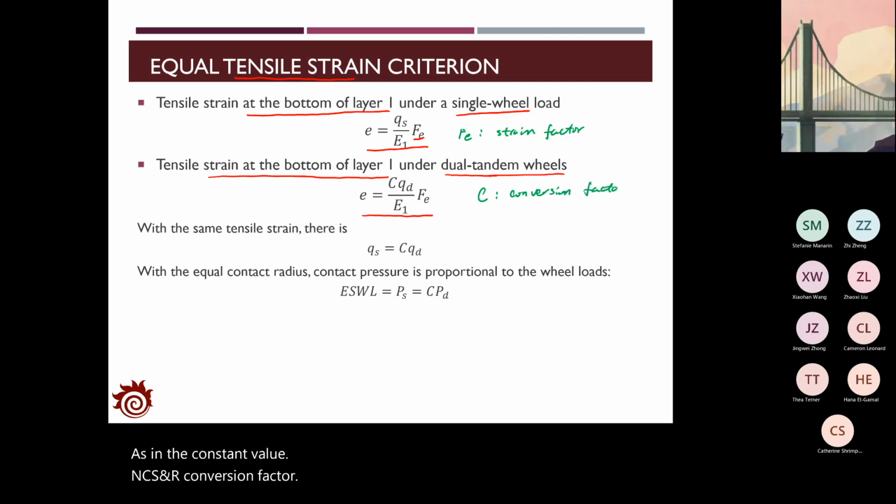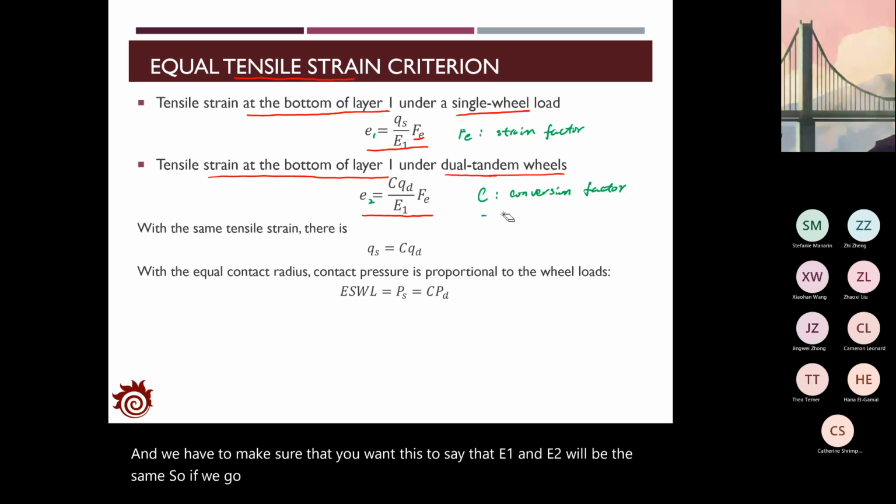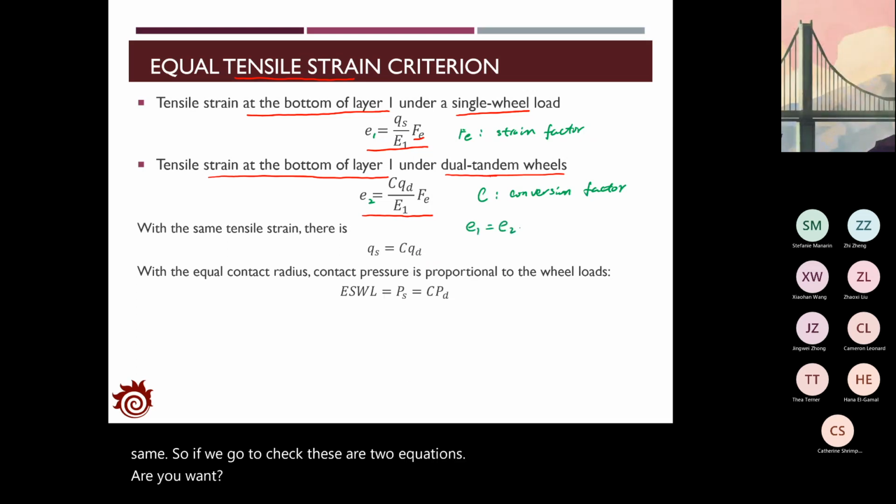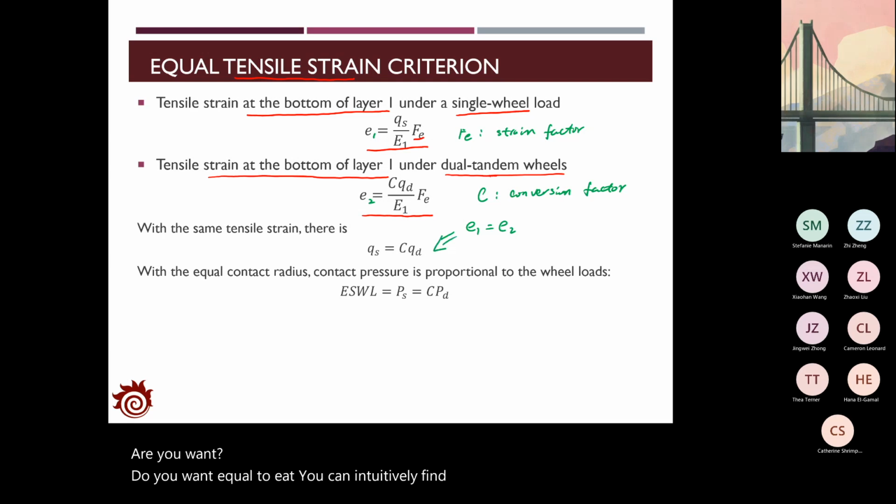It's also a constant, and we have to make sure that E1 and E2 will be the same. So if we check these two equations, with E1 equal to E2, you can intuitively find the relationship QS equal to C times QD.